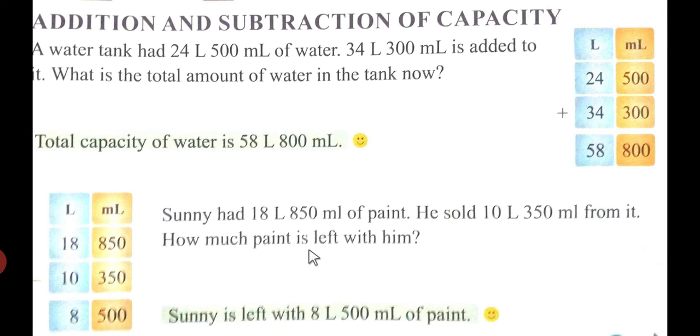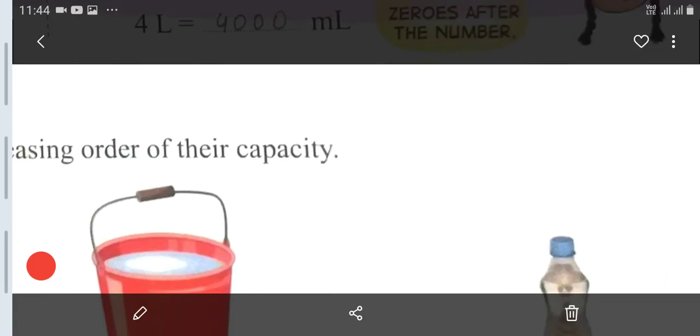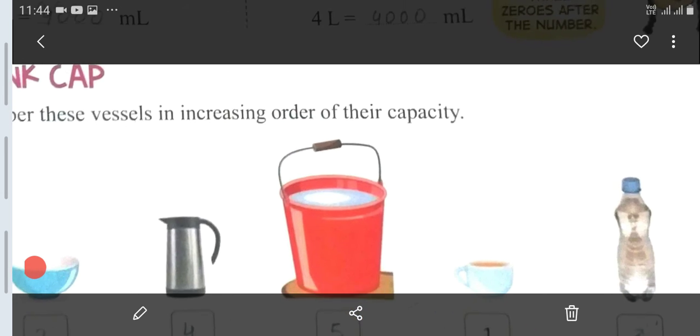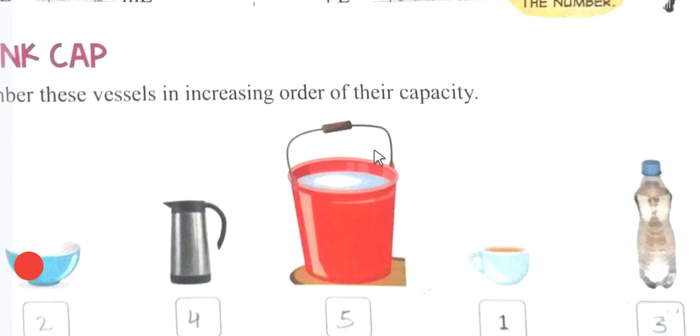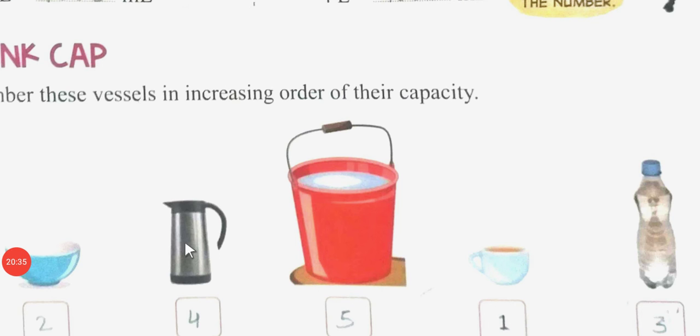So you can see here, students, first is the cup because it is the smallest vessel, then it's a bowl, second number, third is the water bottle, and fourth is the hot pot, and fifth is the bucket.